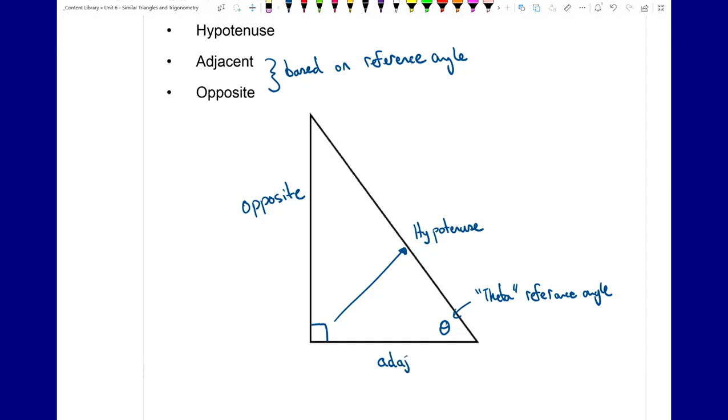So it's even in the name where it should be located. Adjacent is beside, opposite is across. We see that again with how we label them based on the reference angles. But again, the opposite and adjacent could switch depending on which reference angle we're using, and that would be clear in our questions.